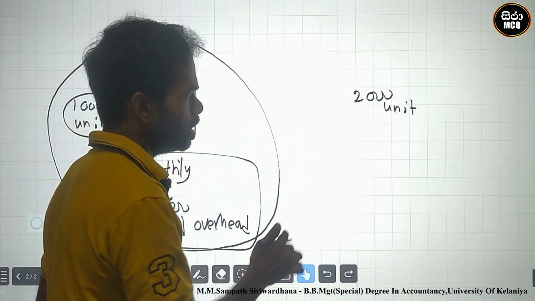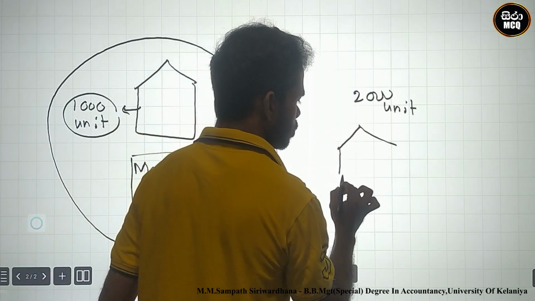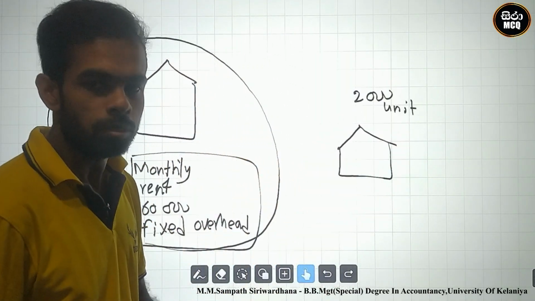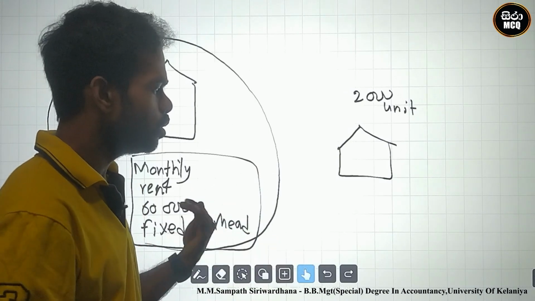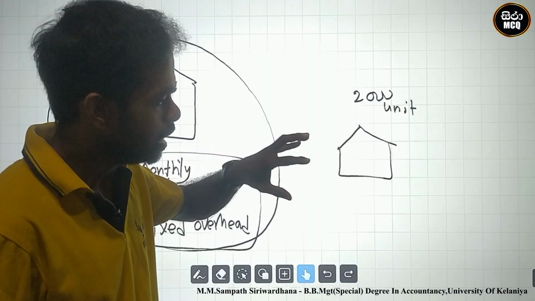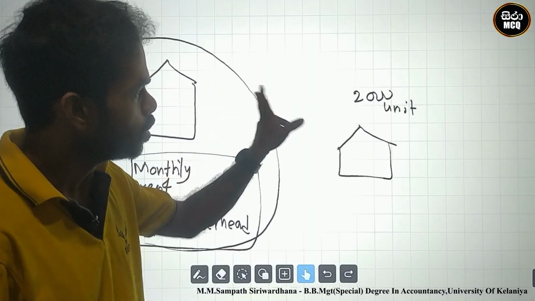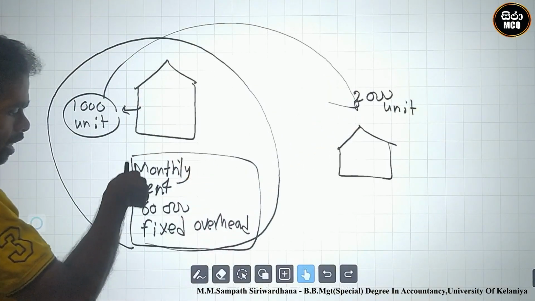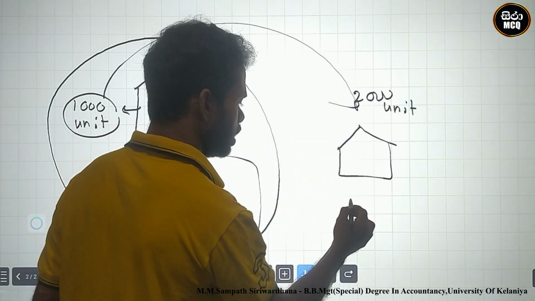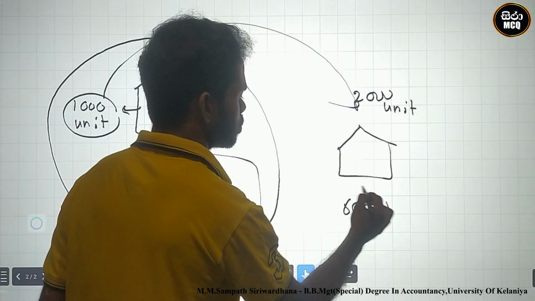Therefore, we must start another building. At that point, another rent is incurred as the number of units changes from 1000 to 2000. The rent doubles. Another building rent is 60,000.